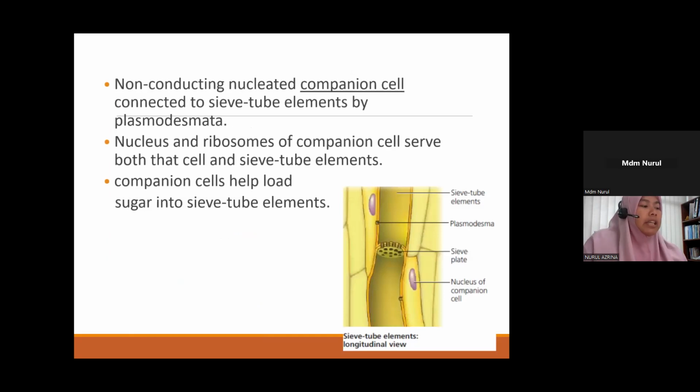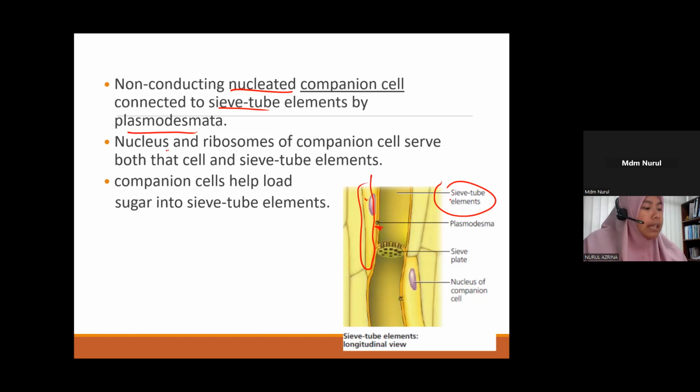The non-conducting nucleated companion cell is connected to the sieve tube element via plasmodesmata. So you can see this is the sieve tube element, and this is the companion cell. The sieve tube element is connected to the companion cell via plasmodesmata.